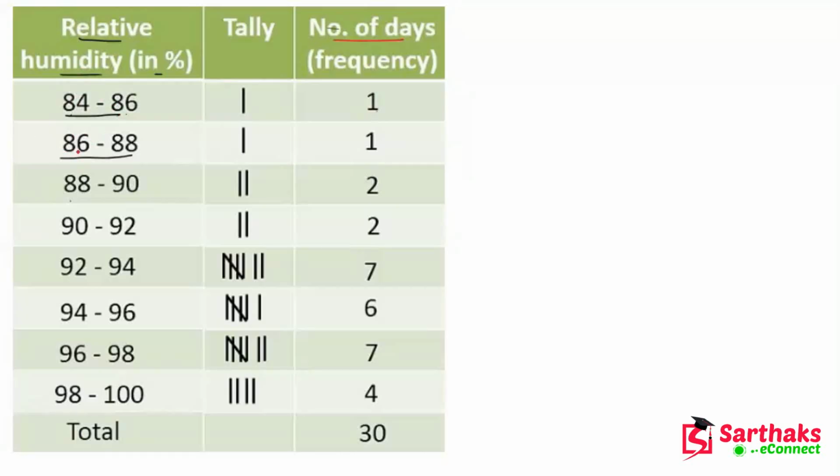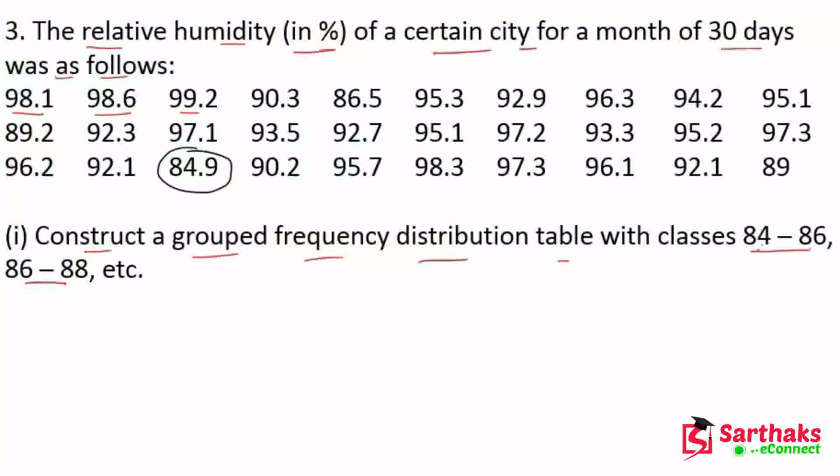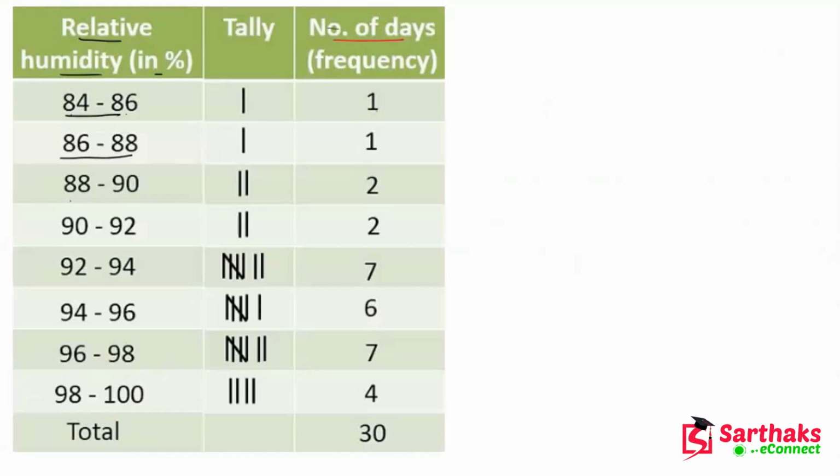Now let's see the relative humidity between 86 to 88. There is just one number, so the number of days is 1. Similarly, there are two numbers with relative humidity between 88 to 90, and two numbers between 90 to 92, and so on.